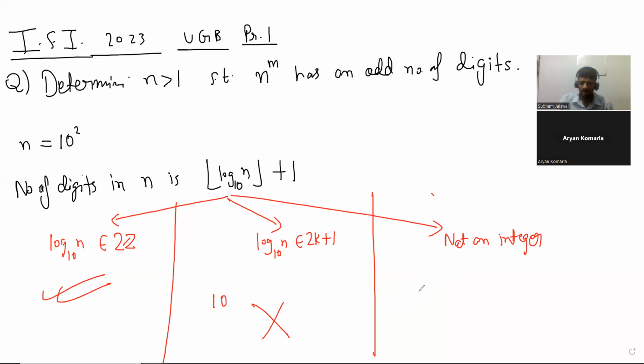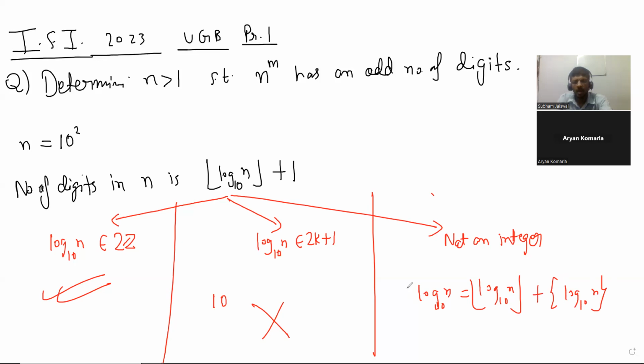So you are saying that there will be a fractional part. Let me also try if I can do it. Let's say that this is even.